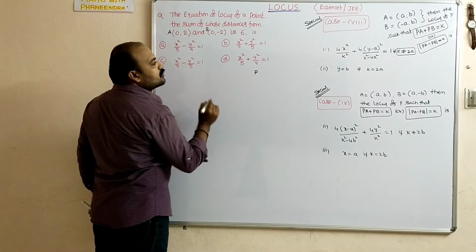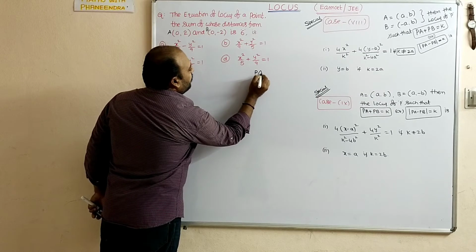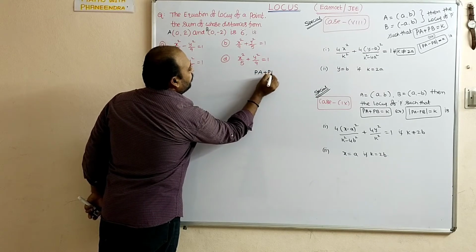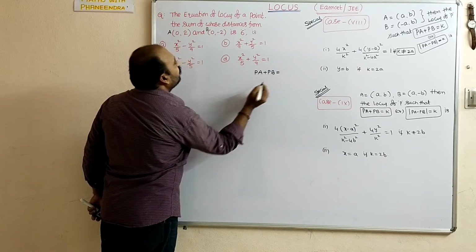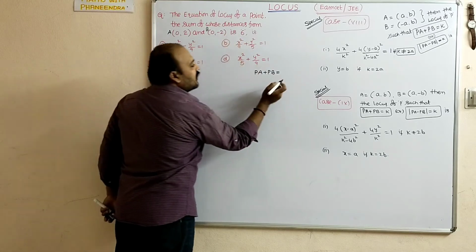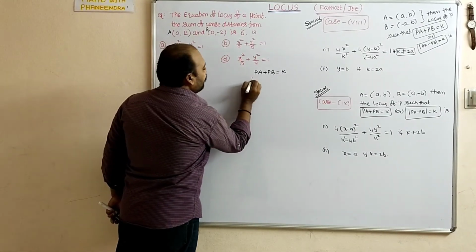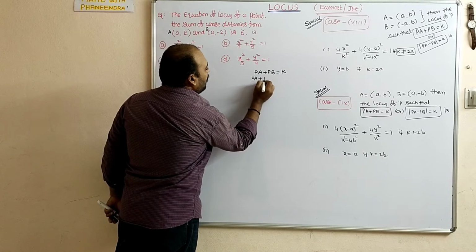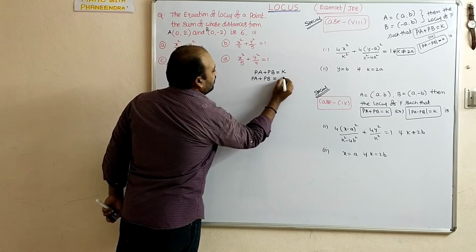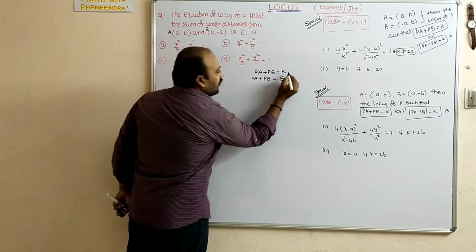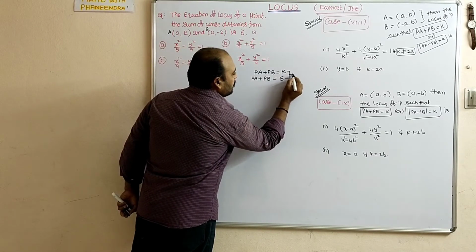So the sum of whose distances PA plus PB is equal to some distance, which I am taking as K. According to the question, PA plus PB is equal to 6. That means K is equal to 6.